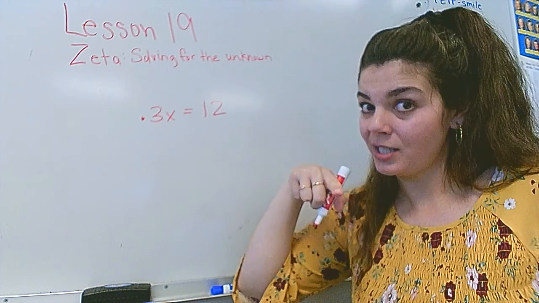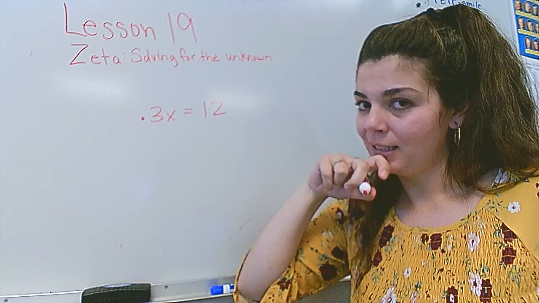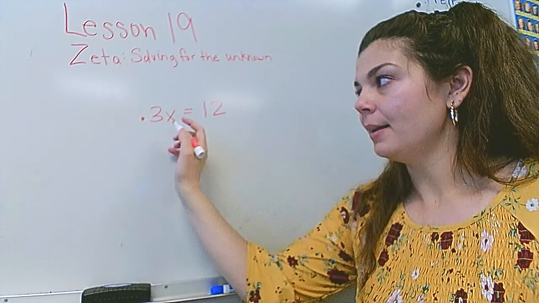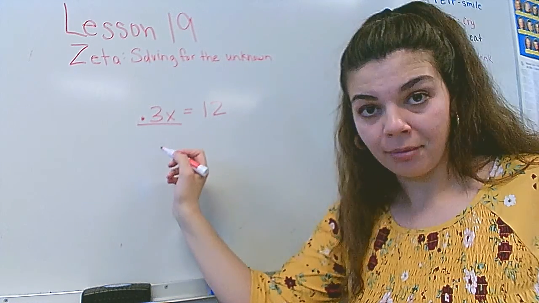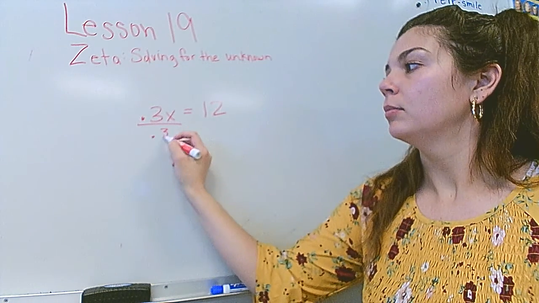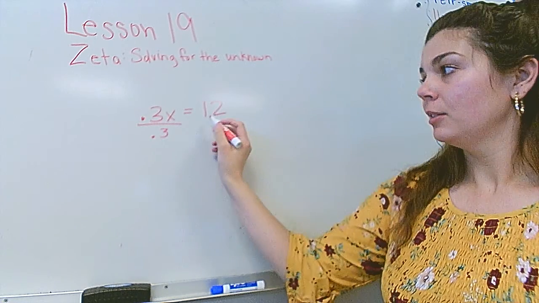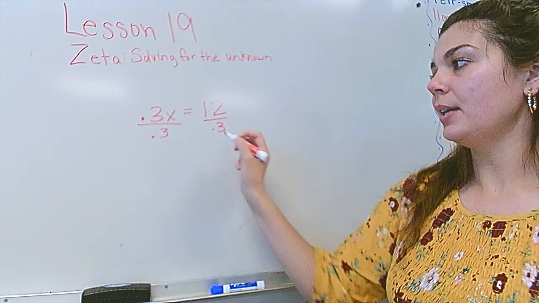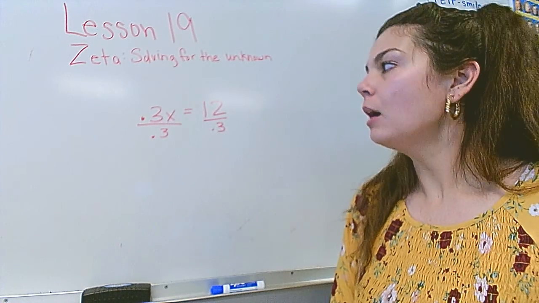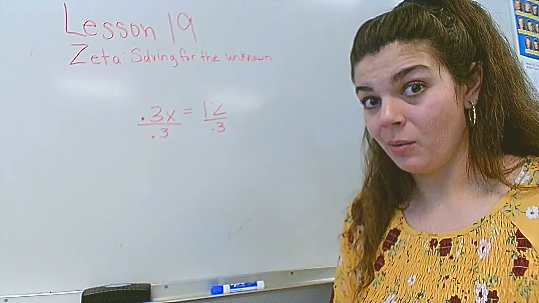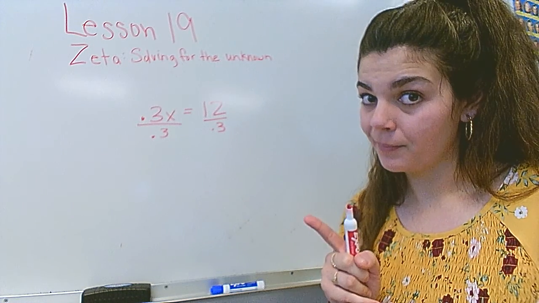Now that changes things a little bit. Alright? So we would divide by 0.3. If I do it to one side, I have to do it to the other. Divide by 0.3. Now you might think, oh, it's 4. Well, where does the decimal go though?